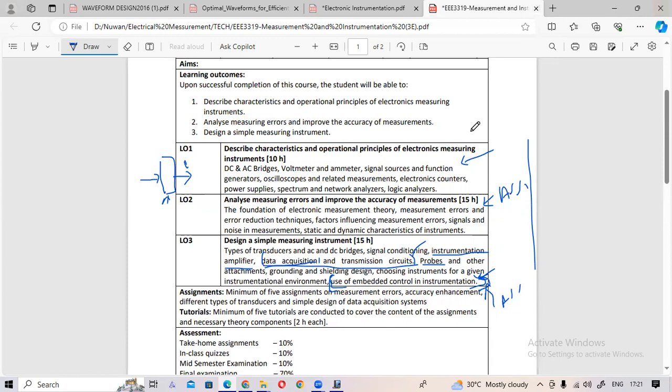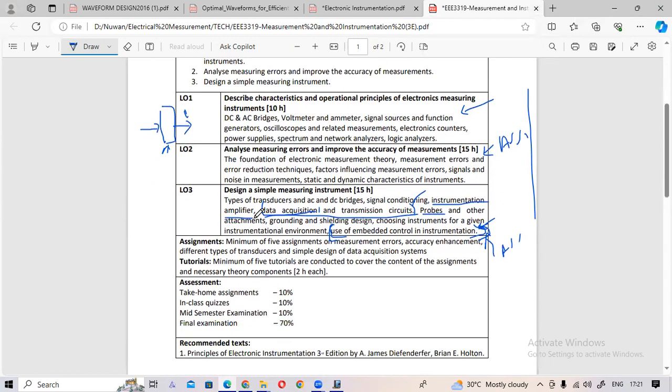Before that, do you have any problem with this stuff? Do you have an idea of what a transducer is, what signal conditioning is, what an instrumentation amplifier is, and what the data acquisition system is and how we can transmit the data?